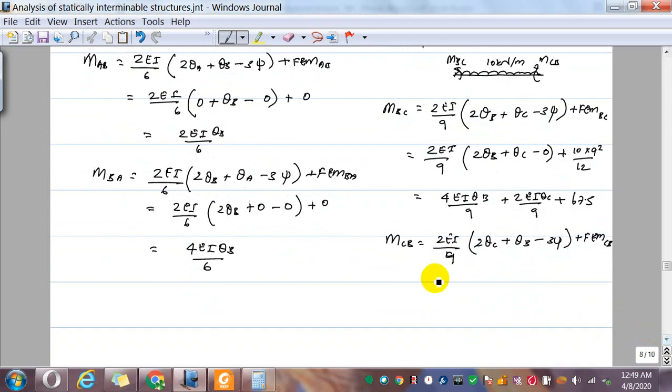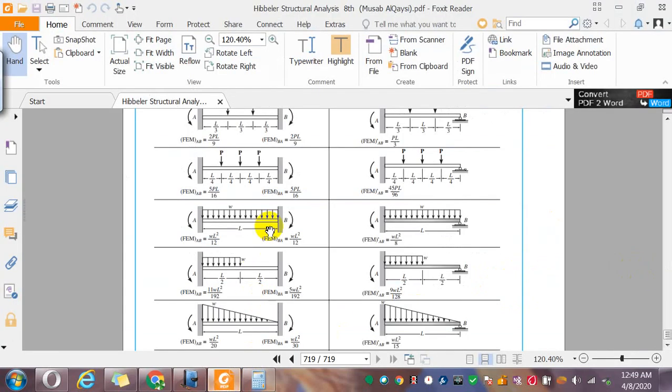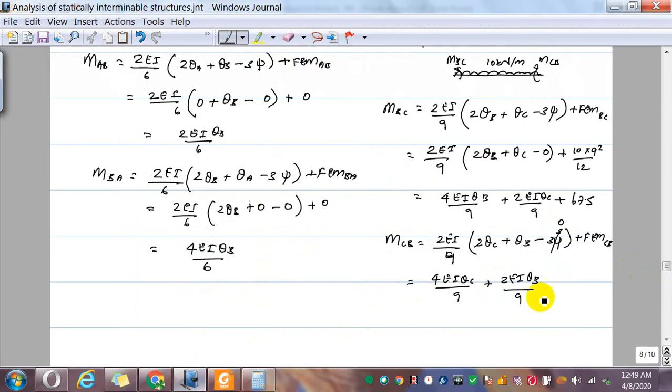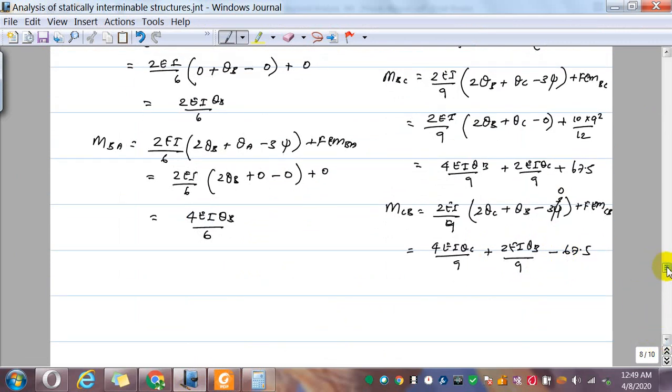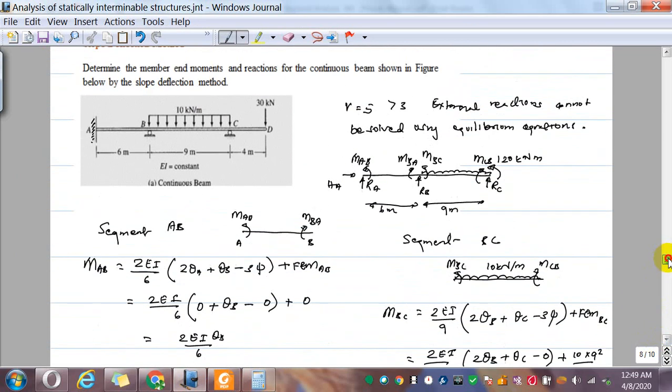So here 4EI theta C over 9 plus 2EI theta B over 9. Psi is 0. Then FEM CB also, it is clockwise, w squared over 12. So this is going to be minus 67.5. Minus is because it's clockwise.